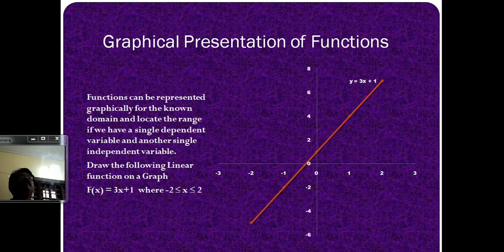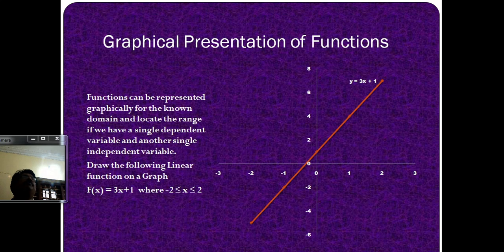Now let us discuss how to represent a function with the help of a graph. Graphical presentation is possible only when you have two variables, one is the dependent variable and another one is the independent variable.